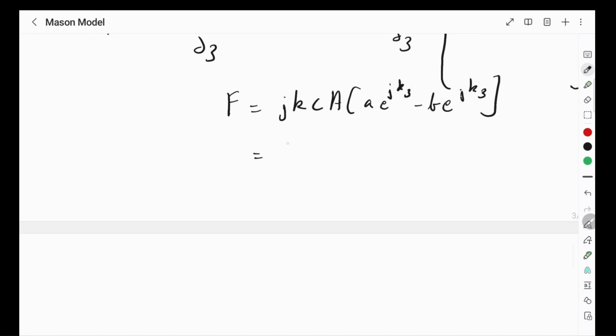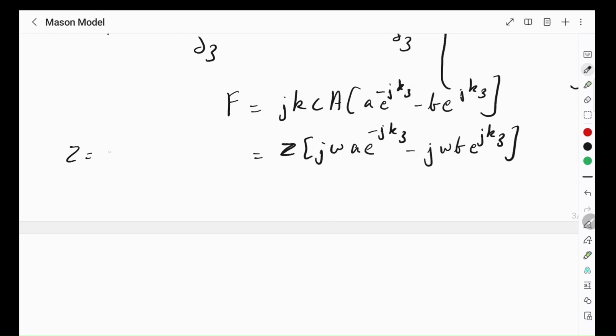So you can write it as Z into jωA e^(-jkz) minus jωB e^(jkz). Sorry, there is a minus, I missed it here, e^(jkz). Okay, and Z as I discussed here, right?